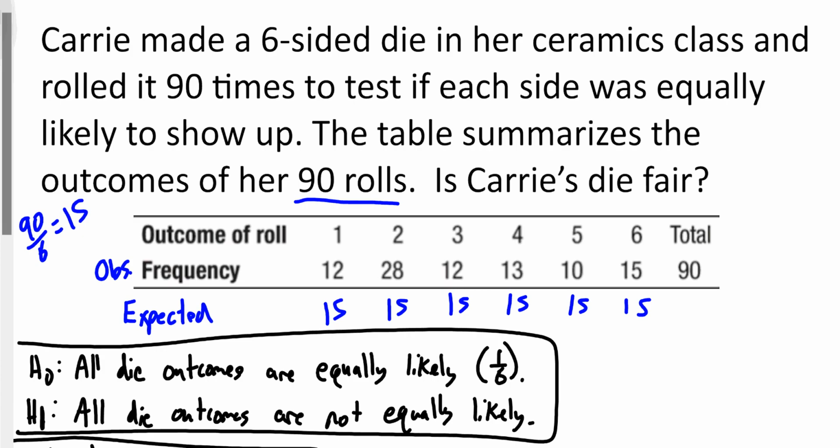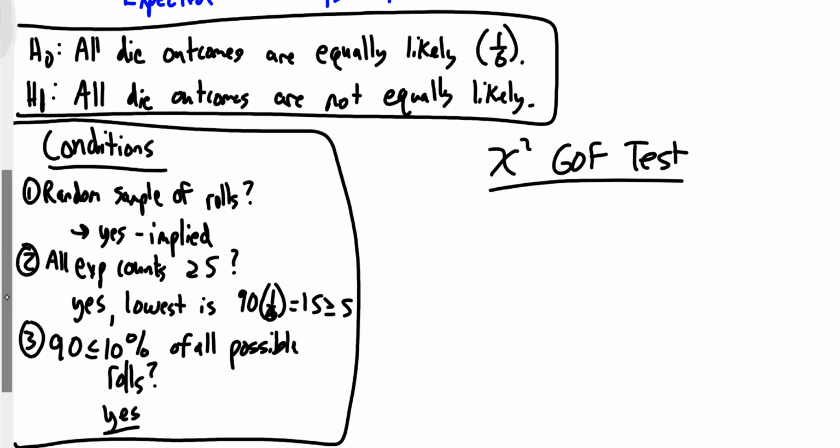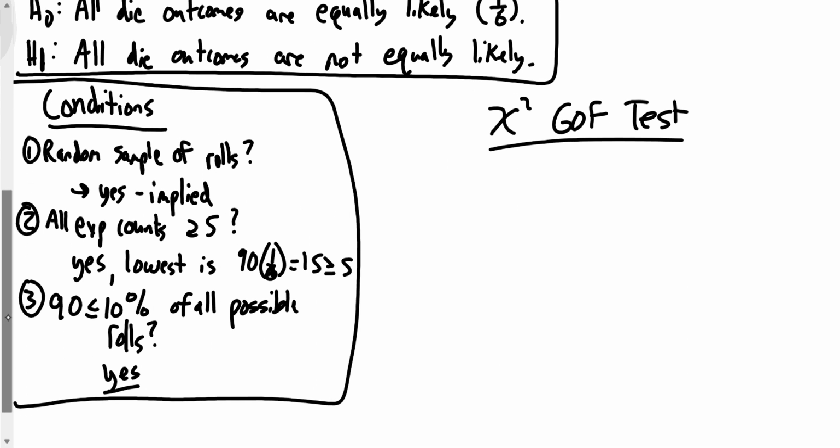So for this chi-square goodness of fit test, the formula is observed minus expected squared divided by the expected, and ultimately we're going to be plugging in the sum of that. Sorry, I didn't even put the sum of that in there.